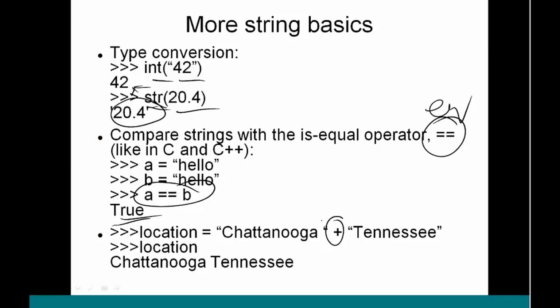So if you do Chattanooga plus Tennessee and we want to print the location, it just prints it with a space.